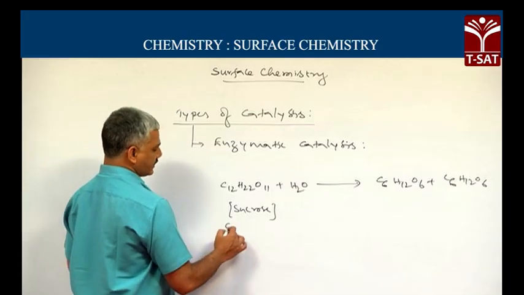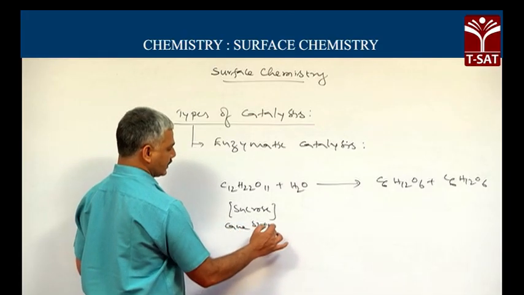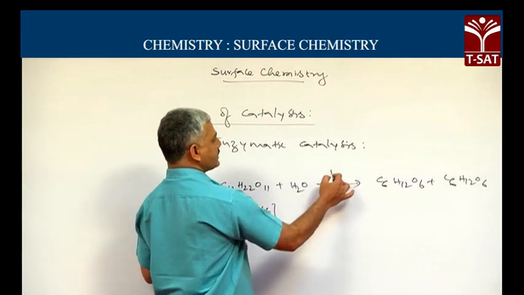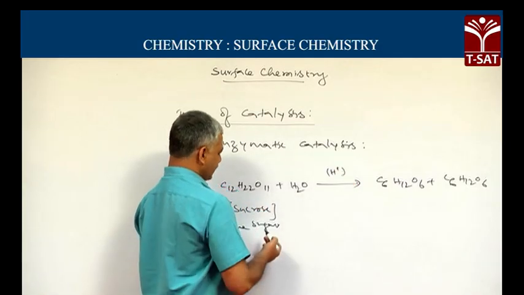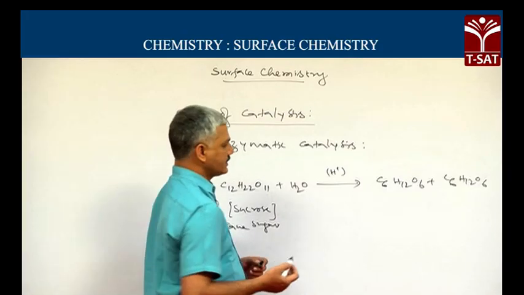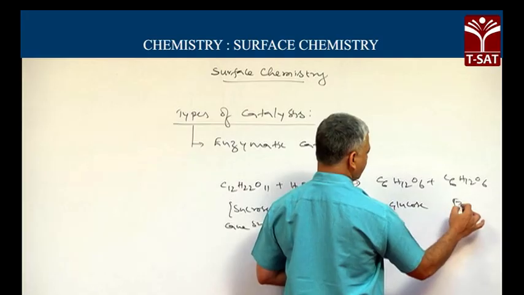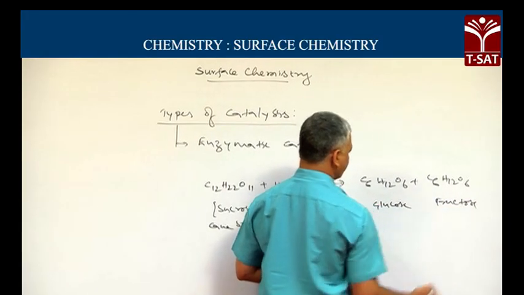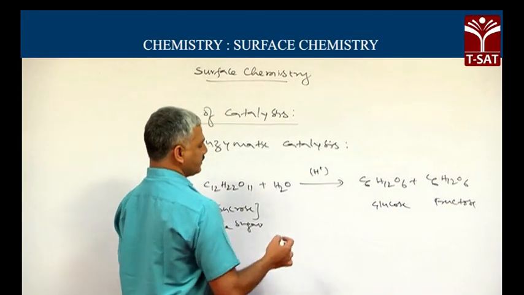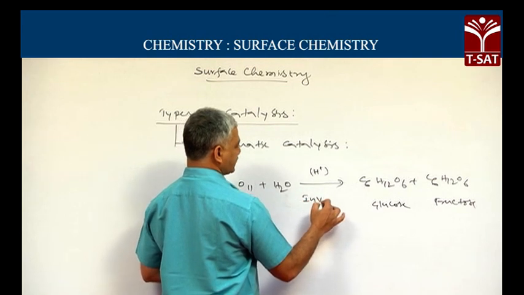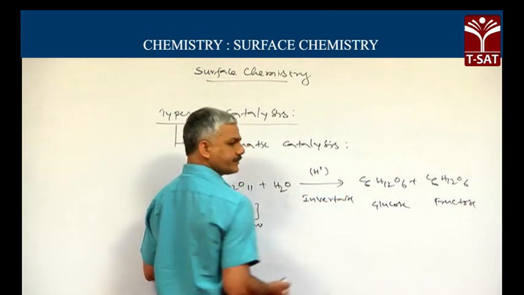In common language, it is known as cane sugar. In acidic environment, this cane sugar is converted or hydrolyzed to 1 unit of glucose and 1 unit of fructose in the presence of an enzyme called invertase.